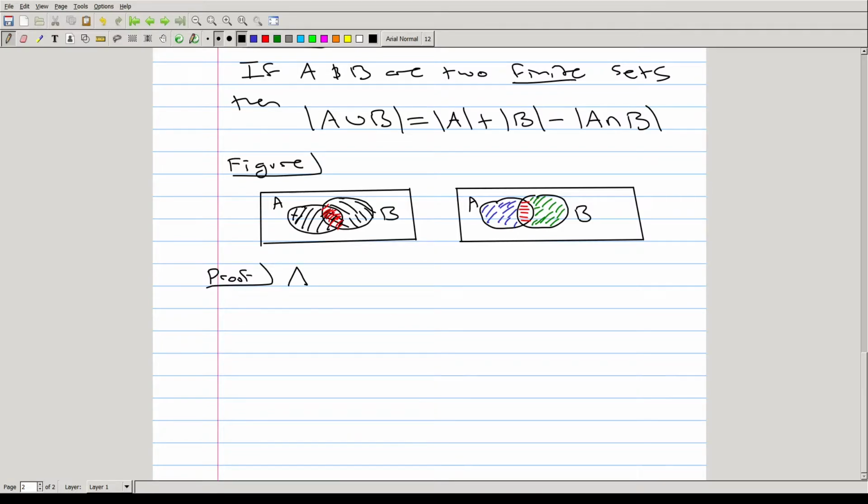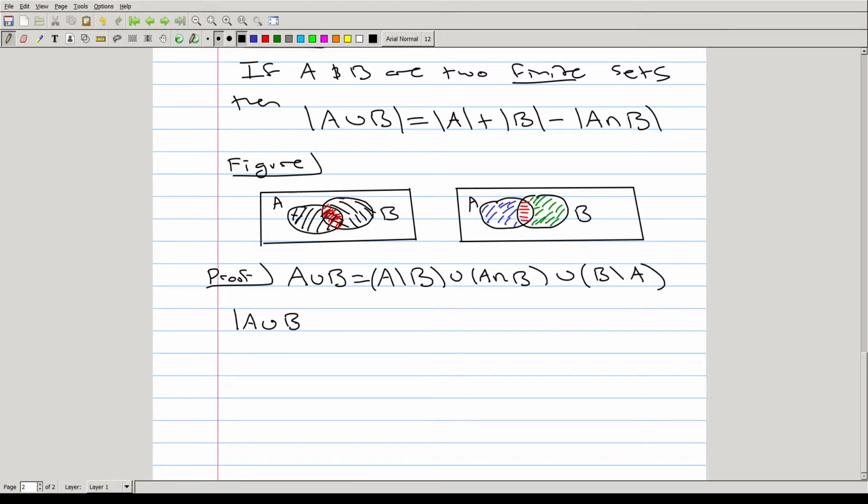We know that A union B is going to be the same thing as the set A minus B union the set A intersected with B union the set B minus A, which are all disjoint from one another.